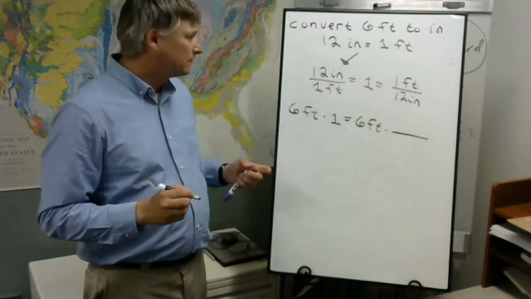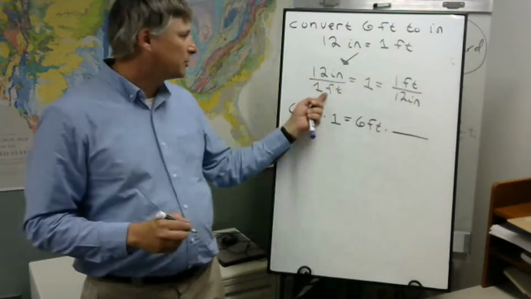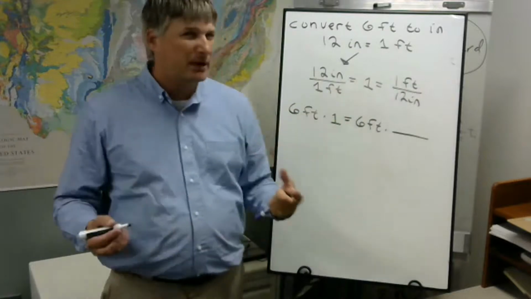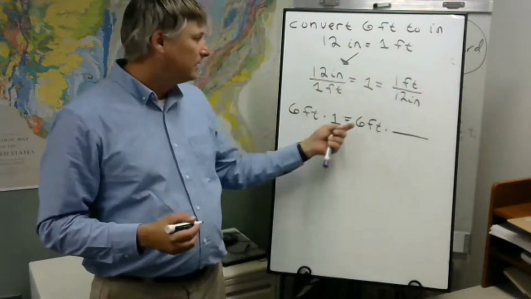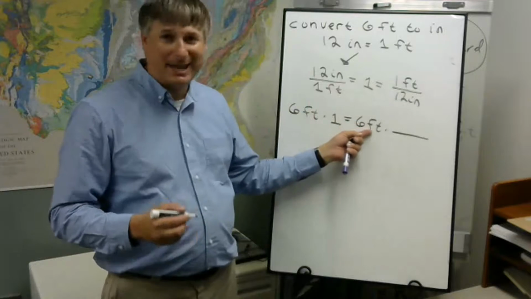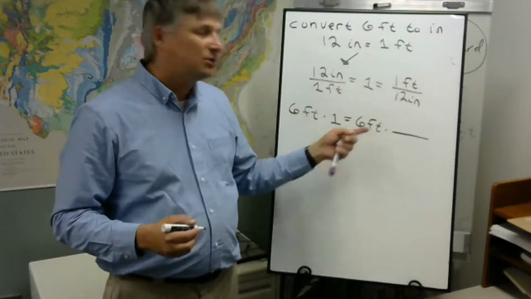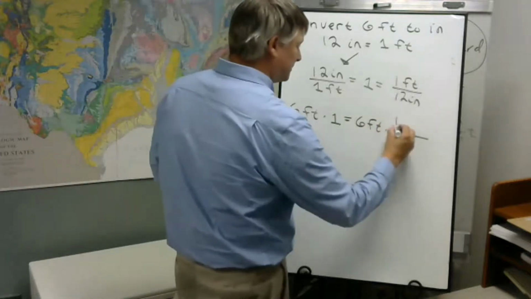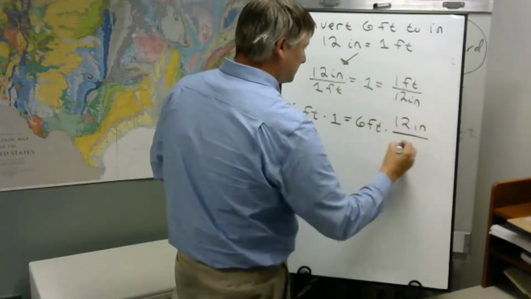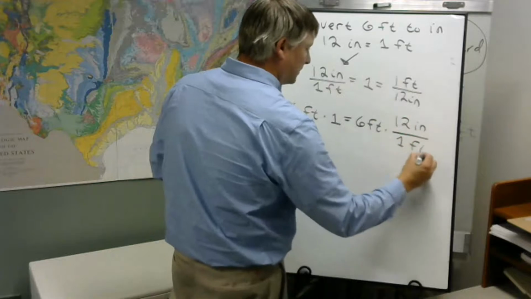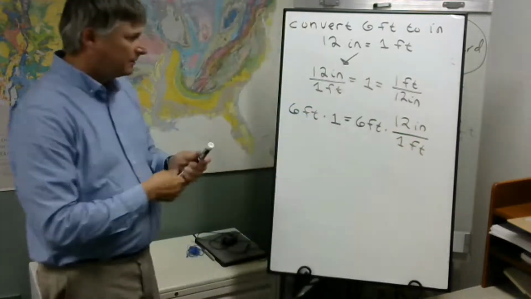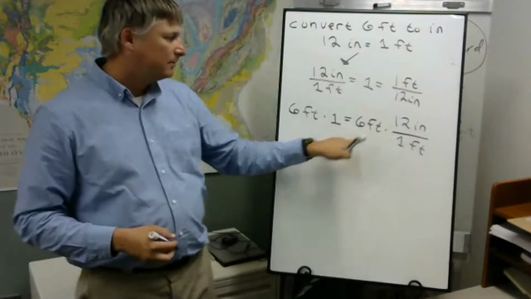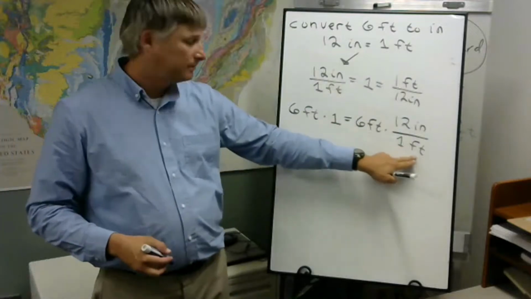Now what we want to do, we want to choose the correct conversion ratio. What I mean by correct is we want one that causes feet to cancel and inches to remain. So if we choose this one, 12 inches over 1 foot, we have feet in the top, feet in the bottom.